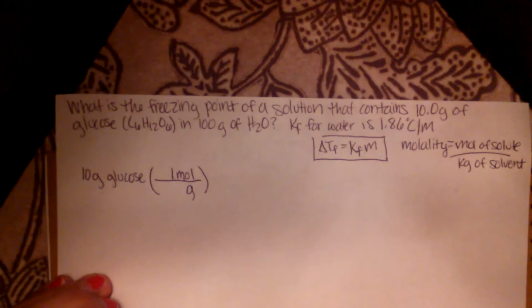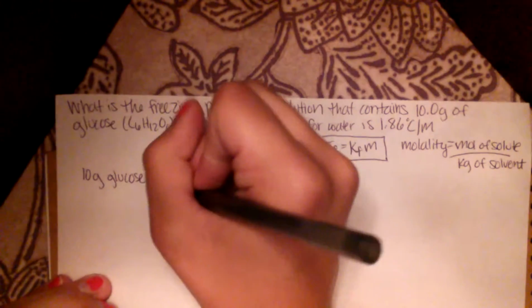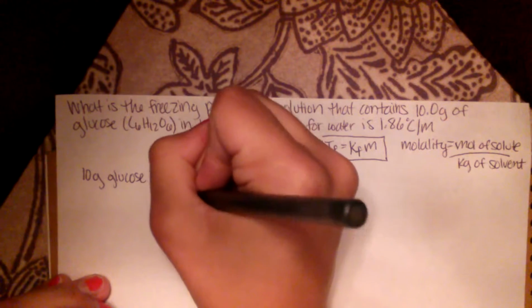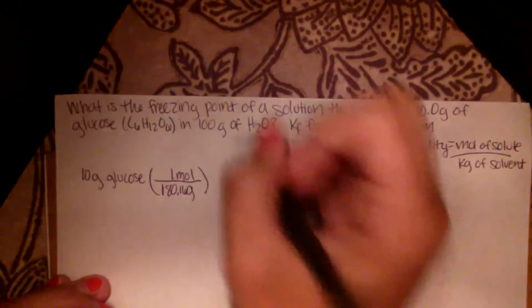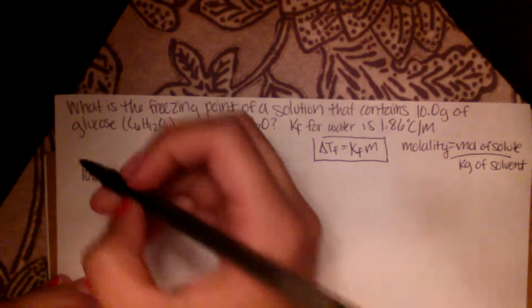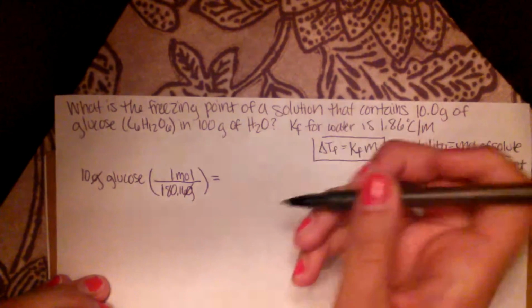And the molar mass of glucose is 180.16 grams. So when you do that, the way you set it up, you can cancel your grams and you'll get moles.